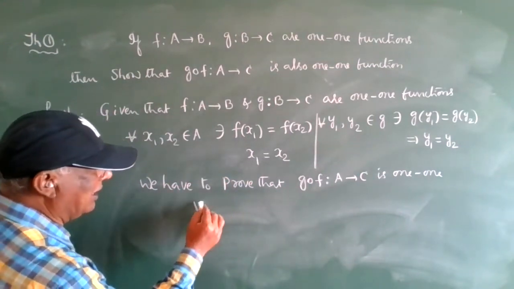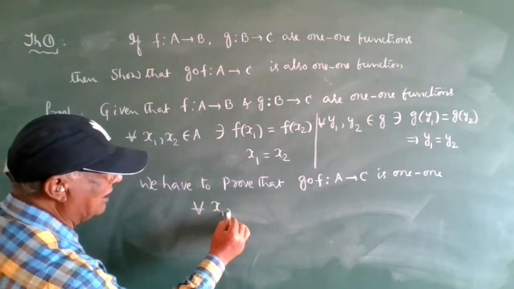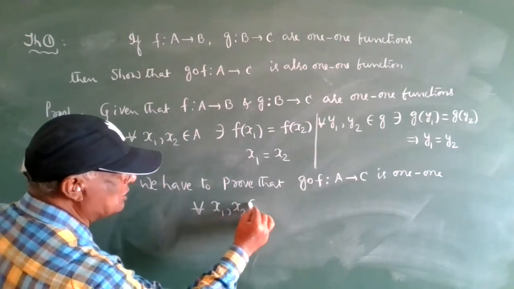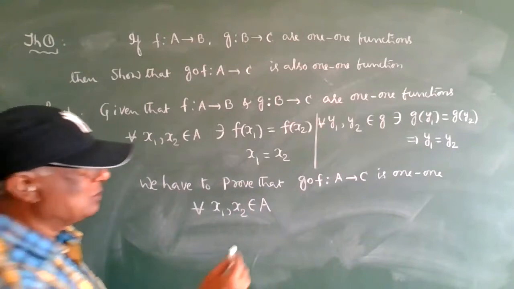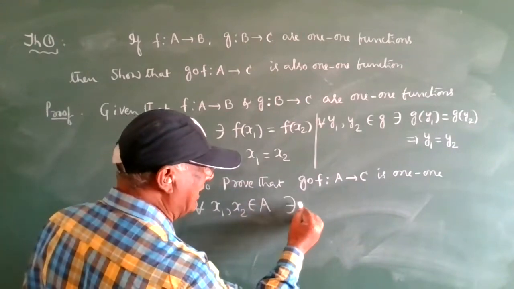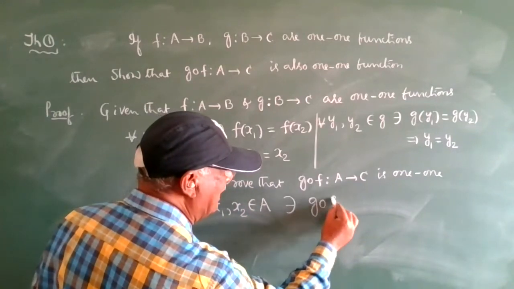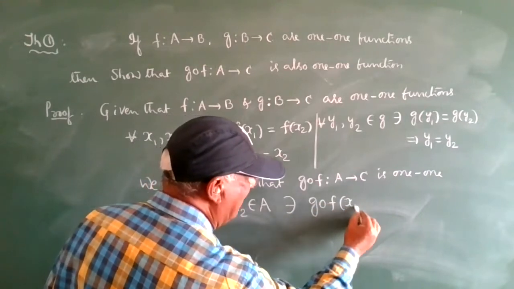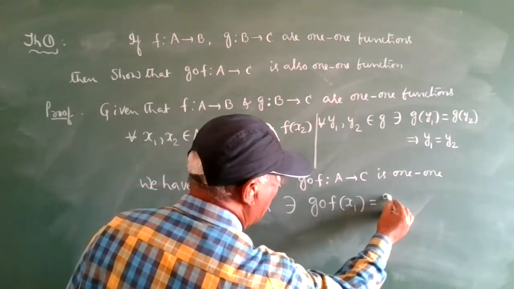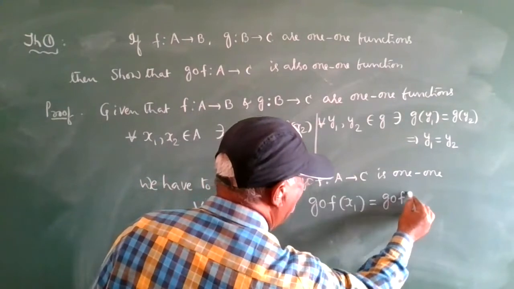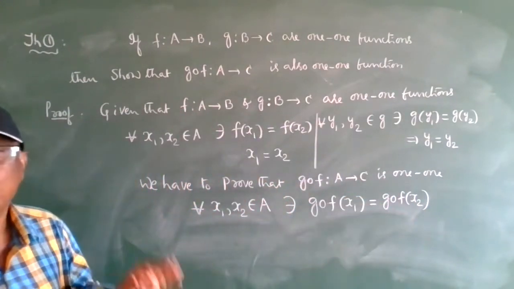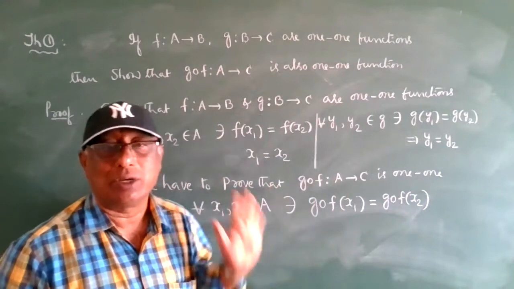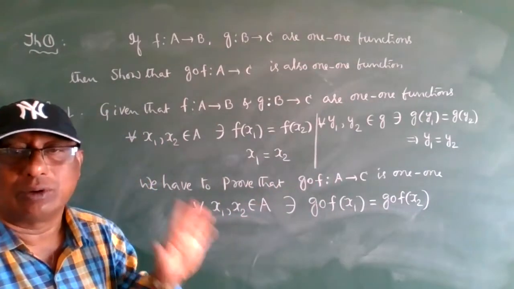So for all x1, x2 belonging to A such that (g circle f) of x1 is equal to (g circle f) of x2, then we have to show that x1 is equal to x2.